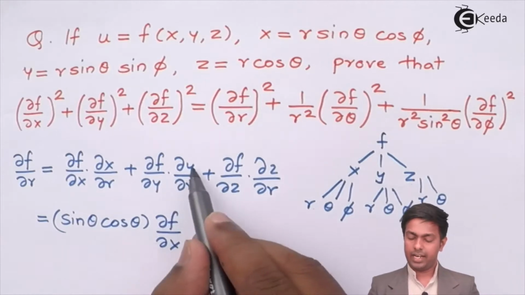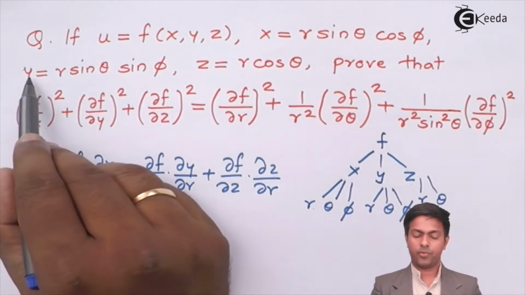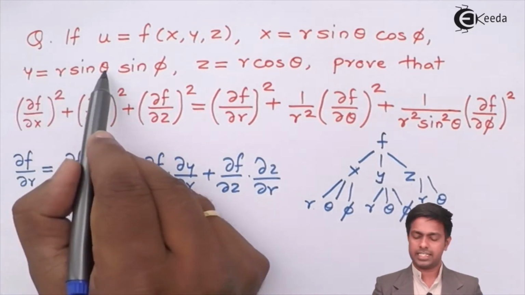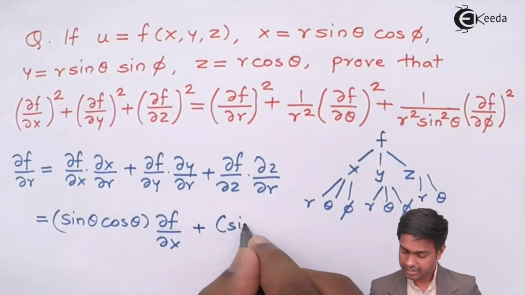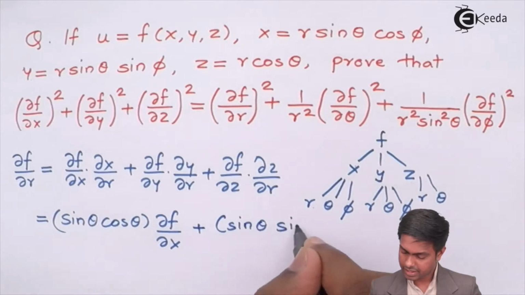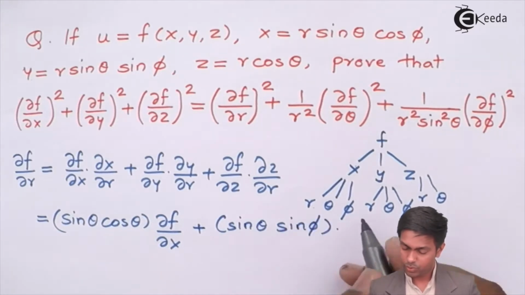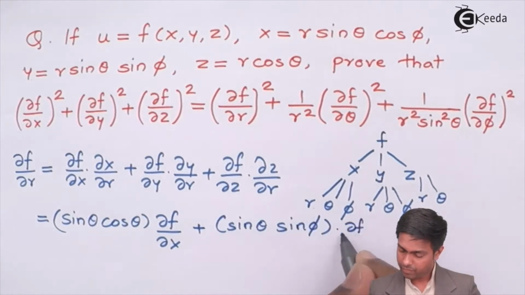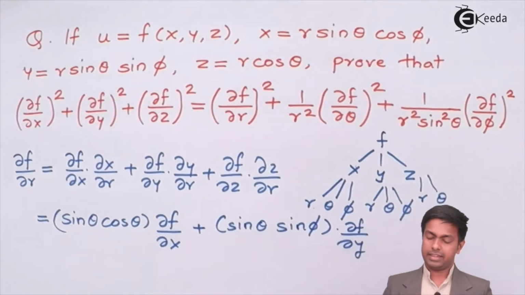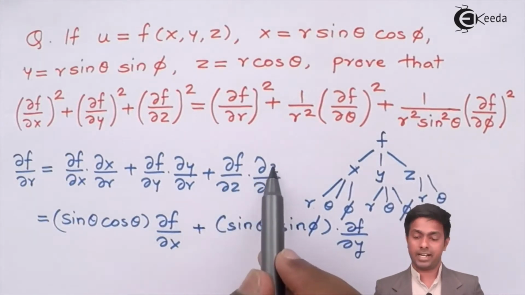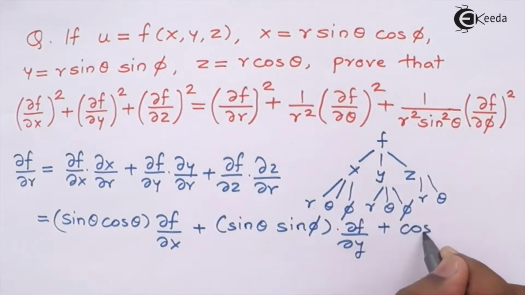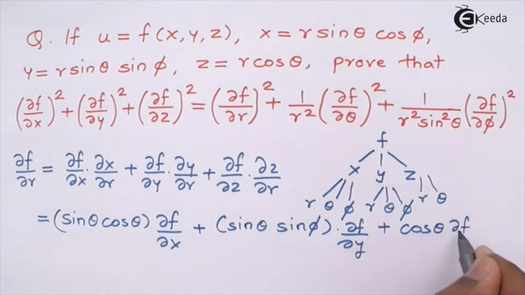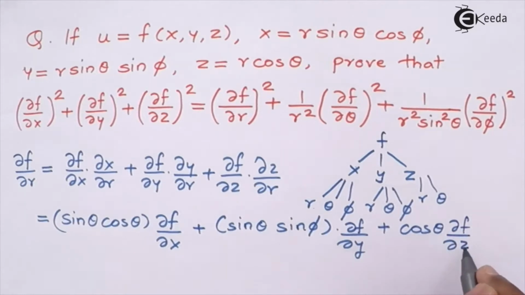Next, del y by del r: we differentiate y with respect to r partially and get sine theta sine phi, so plus sine theta sine phi into del f by del y. Then del z by del r gives cos theta, so plus cos theta del f by del z. So here, guys, we got the first value.